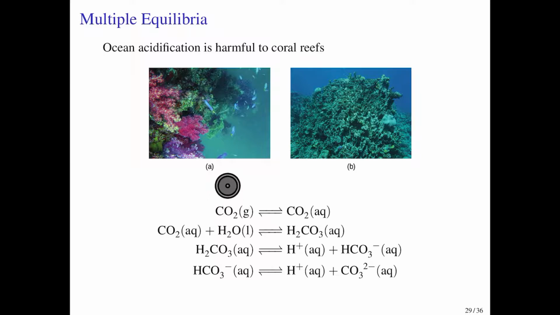As the partial pressure of CO2 in the atmosphere increases, this drives more CO2 into the aqueous phase. The aqueous CO2 then reacts with water to form carbonic acid, and then the carbonic acid forms hydronium, and the hydronium negatively impacts the health of the coral reef. And so you see that you have multiple equilibrium participating in the same system, and that's what this section explores.